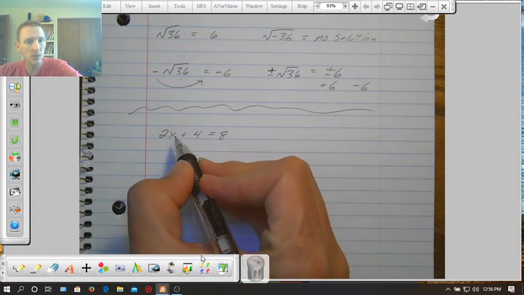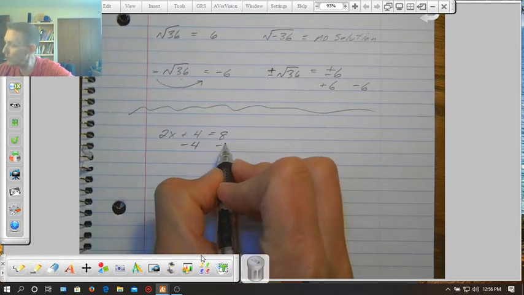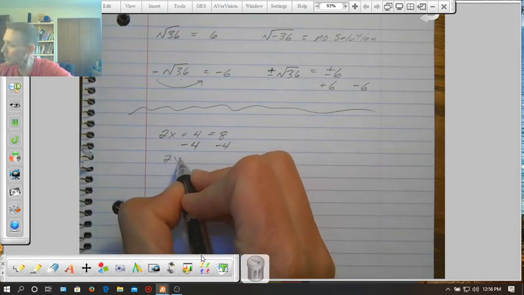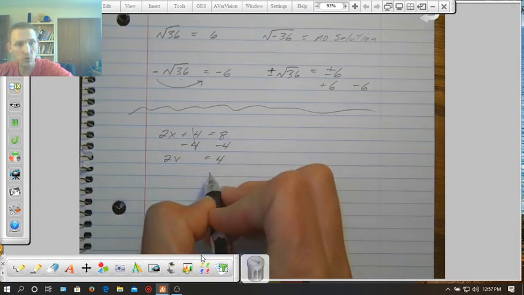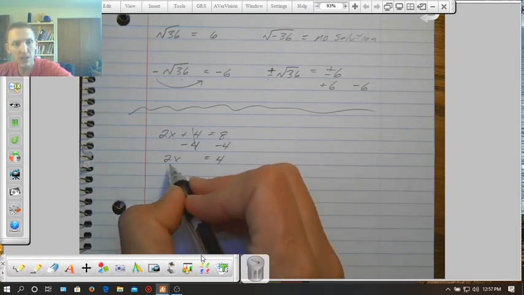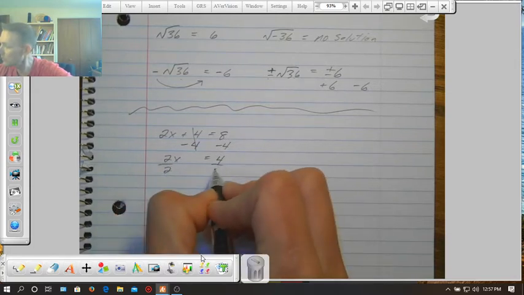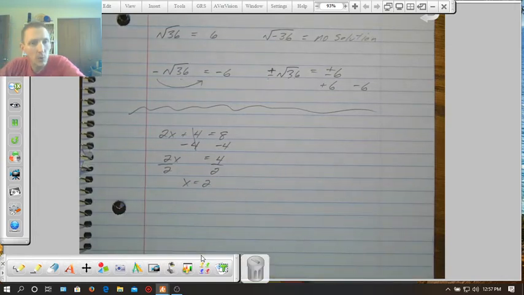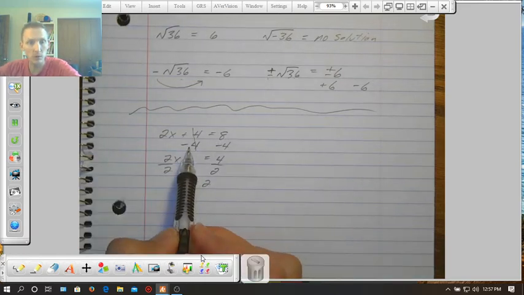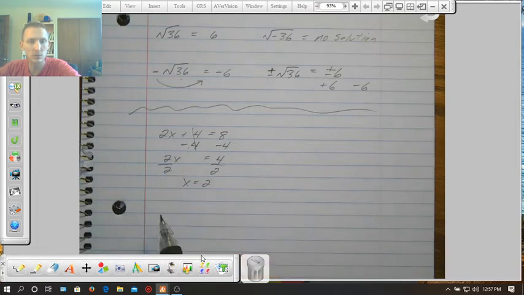And we had a process where we would undo the plus 4 with a minus 4. Those would cancel each other out, leaving me with 2x equals 4. And then the final step to get x alone would be to divide by 2. So x equals 2. We're doing the inverse operations. The inverse of plus 4 was to subtract 4, and the inverse of multiplied by 2 was to divide by 2.